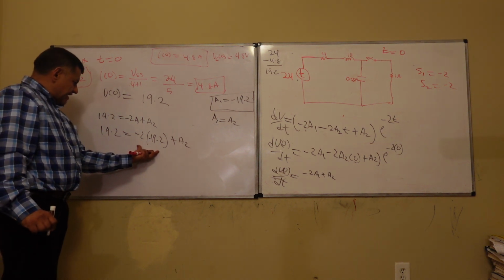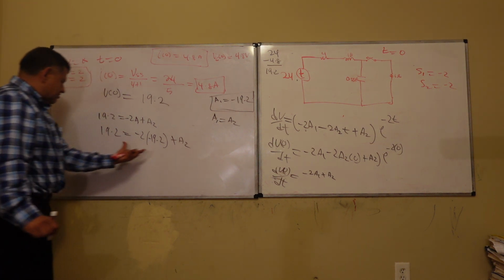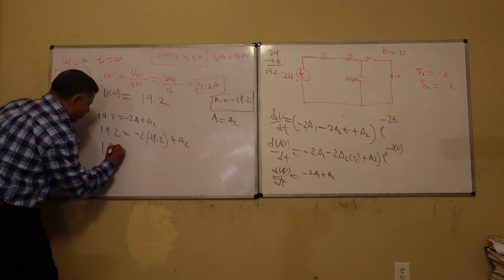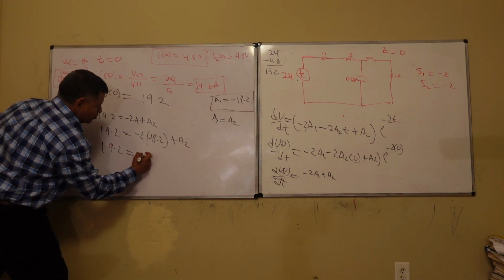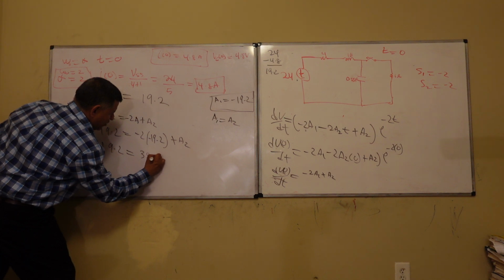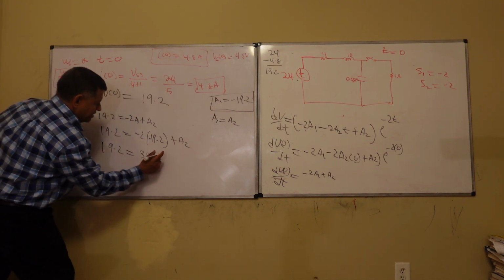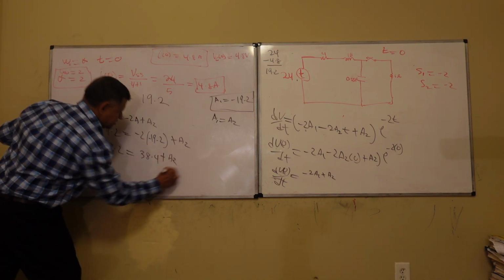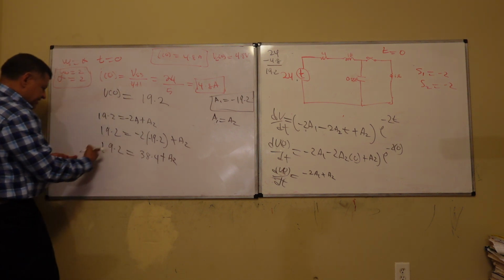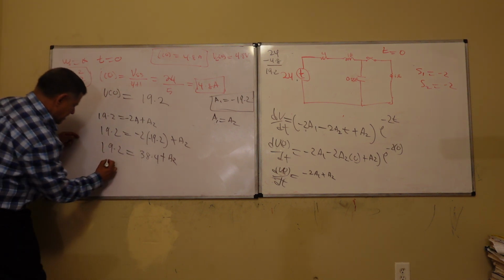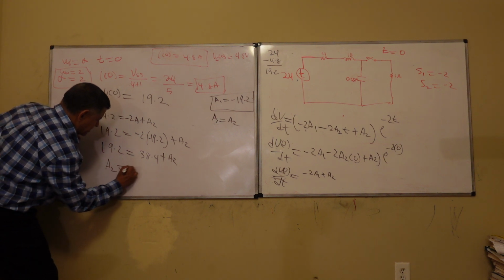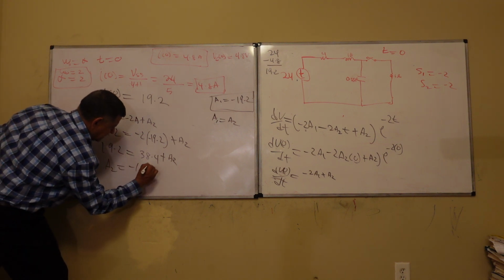When you do this, 19.2 is equal to positive 38.4 plus a2. When you subtract this to the other side, you find out that a2 is equal to negative 19.2.